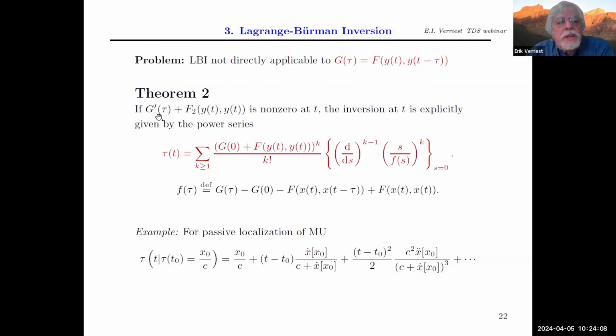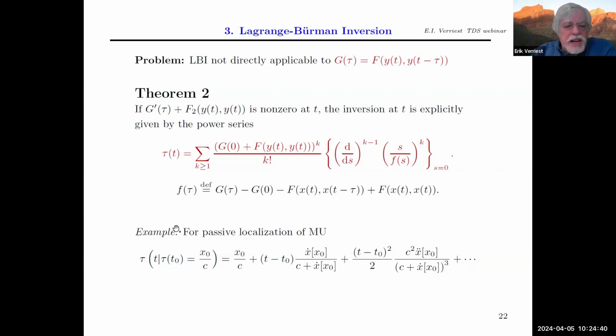If the derivative of g plus f2, meaning the derivative of the f function with respect to the second argument, so if f2 plus g prime is non-zero at t, then the inversion at t is explicitly given by this expression here. And that's directly by using the Lagrange-Bürmann inversion on this function f of tau right here.